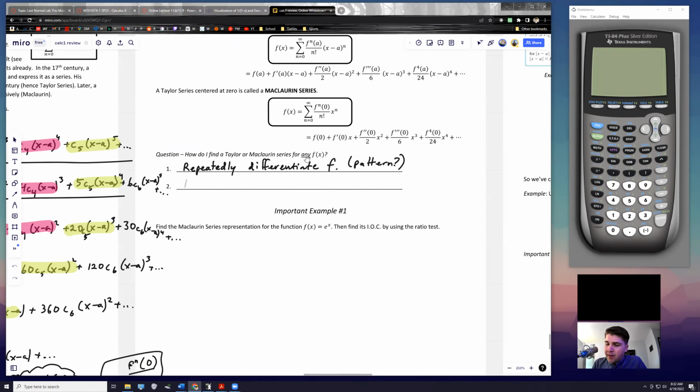So plug in x equal to 0 for a Maclaurin series, or x equal to a for a Taylor series. And those are your coefficients. It's actually sort of simple at the end of the day.